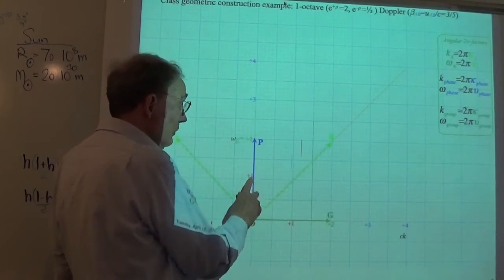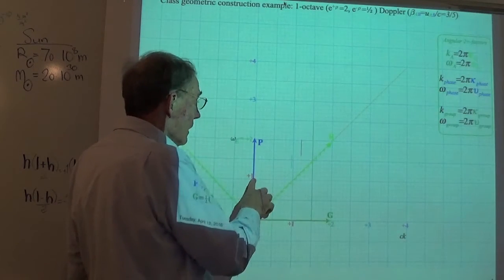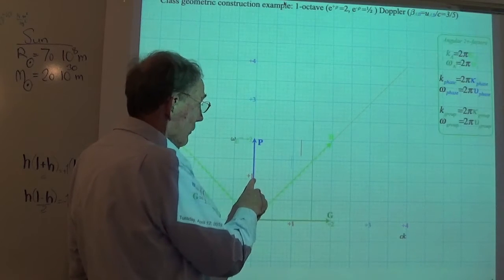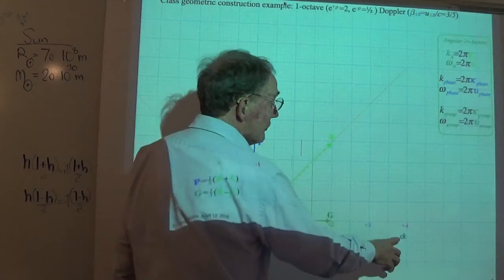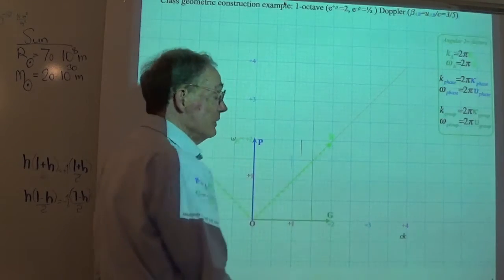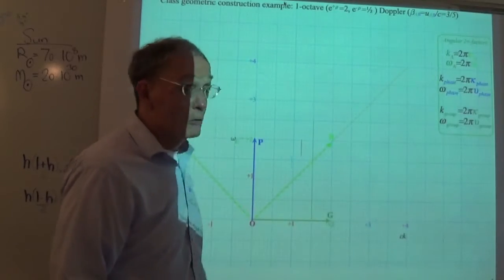So the units in this particular graph, and the one that we'll make to start with, have 300 terahertz frequency units. And then ck is also in frequency units, so we're just using the same units, as is a good thing to do if you're going to be doing geometry.